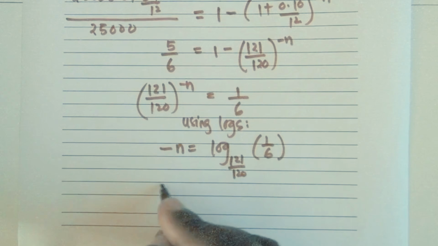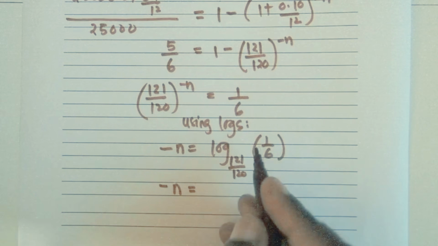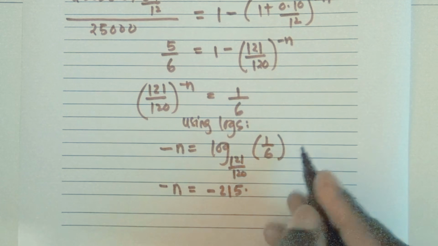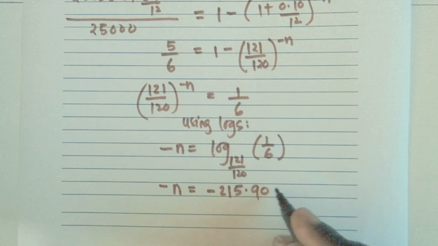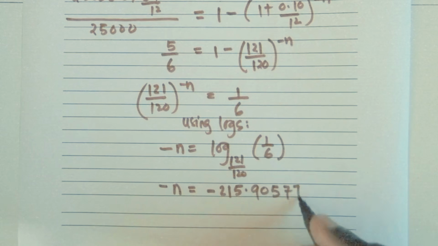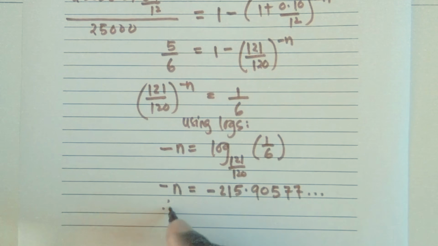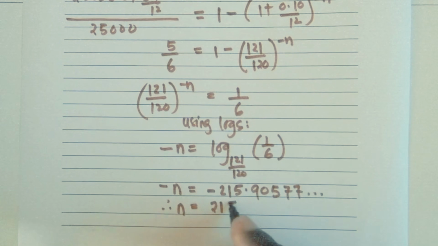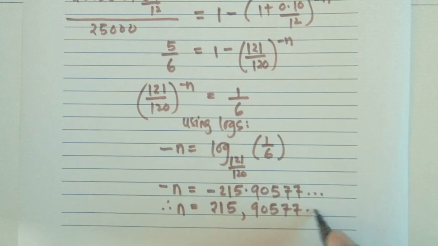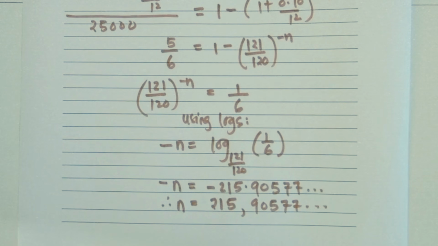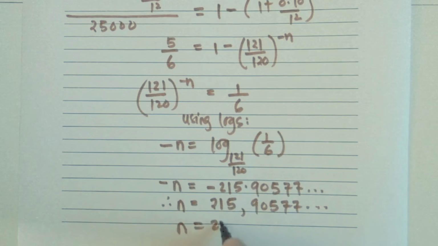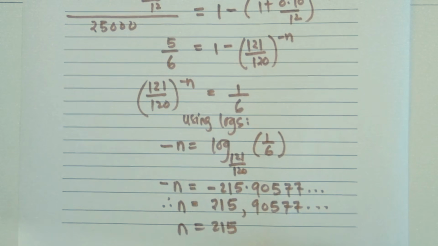If I move on, you can see that negative n is equal to a negative value, therefore n is equal to a positive value, and in my conclusion, I can see that the pensioner will be able to withdraw full amounts of 25,000 rand for 215 months.